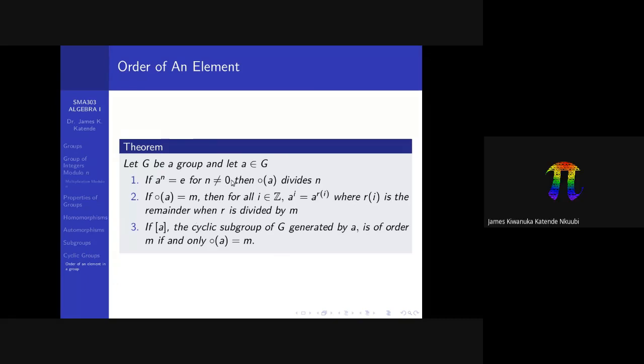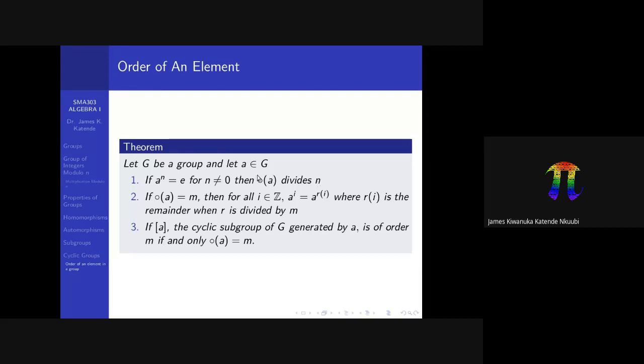Let G be a group and let A be an element of G. This theorem says that if A raised to n is equal to the identity element, where n is an integer different from 0, then the order of A will divide n.